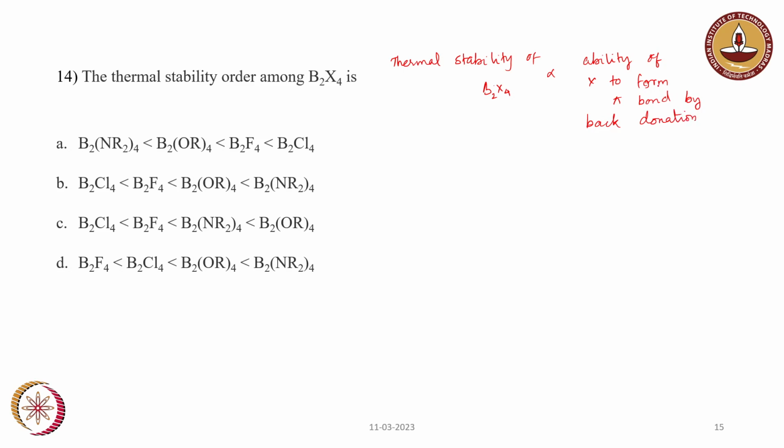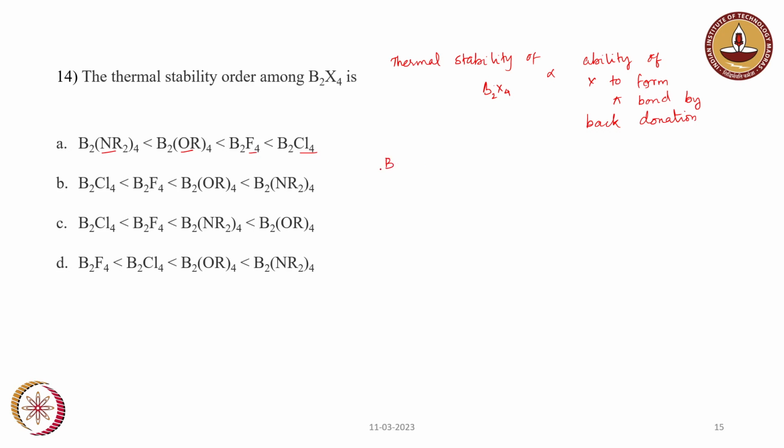So in the periodic table, nitrogen, oxygen, fluorine are closer to boron. Then chlorine is in the next period. So we are given nitrogen, oxygen, fluorine, and chlorine.